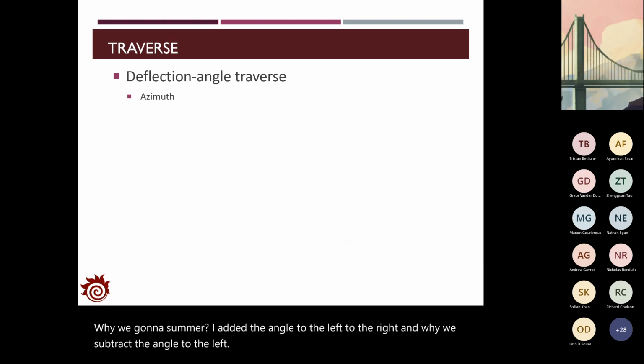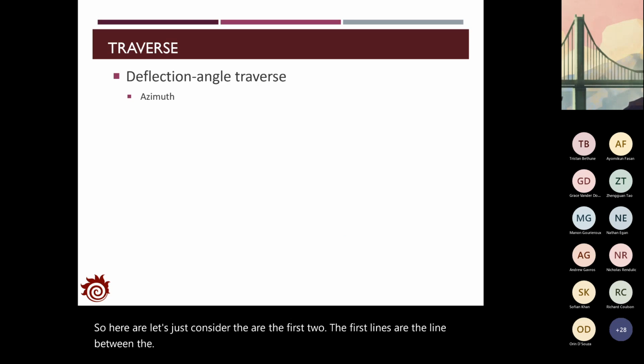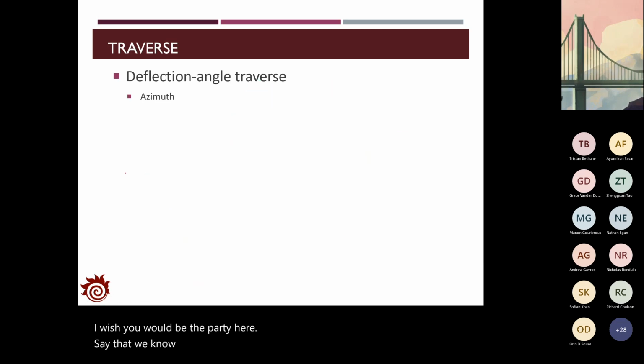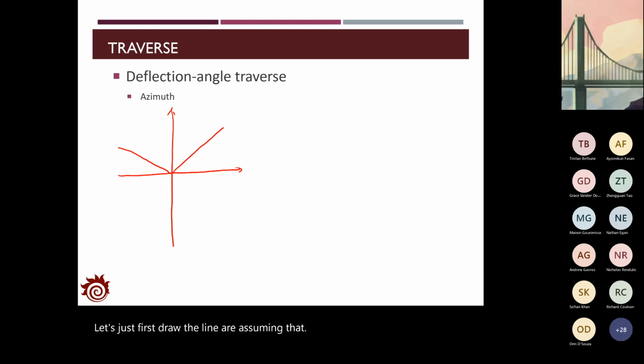So here, let's just consider the first lines, the line between RT and TU, which would be the part here. Let's first draw the line, assuming that you know the azimuth of RT.